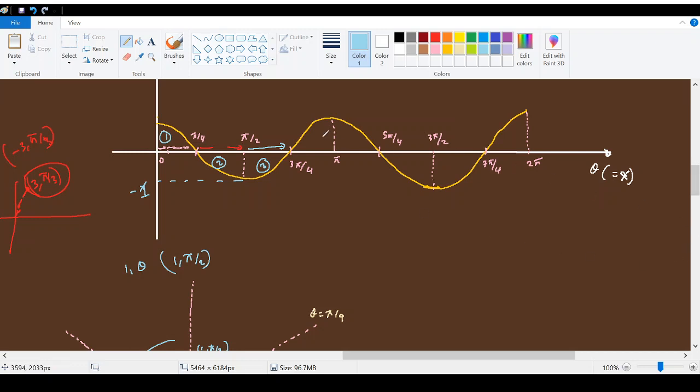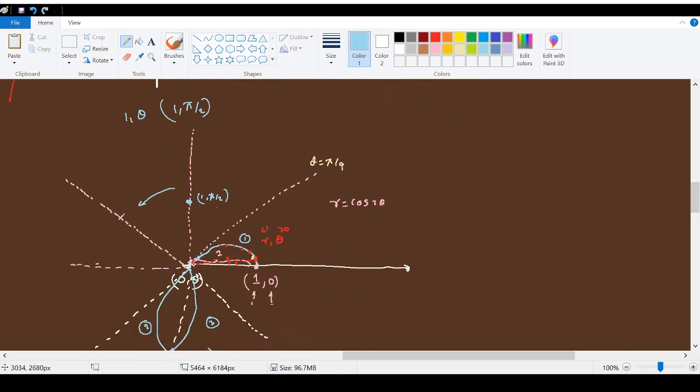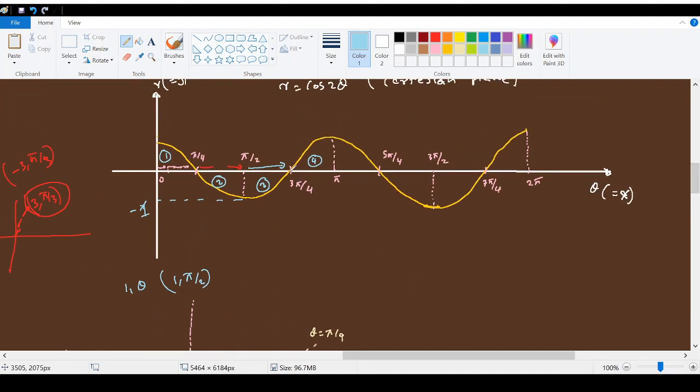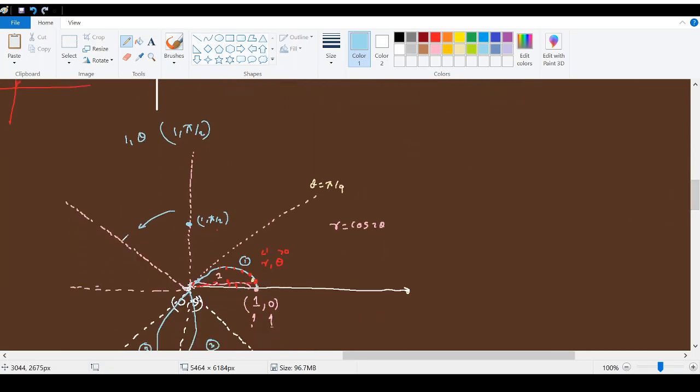Okay, and for this portion, how about that? When theta increases from 3 pi by 4 to pi, that means from here to here, the radius will positively increase from 0 to 1, right? So for the points in here, the radius will increase from 0 to 1 like this.